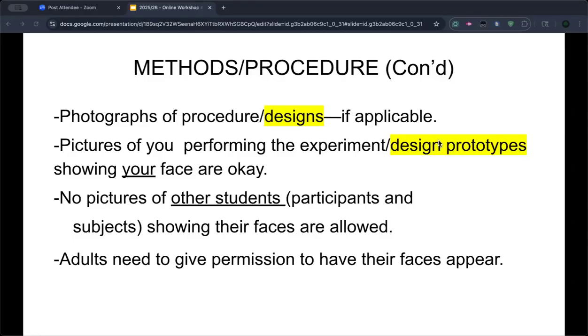You're not allowed to use pictures of other students, and if you're doing human testing, you're not allowed to use pictures of the participants that you used. If you have a parent that helped you out, you can ask them for permission to use their face in the paper. If they say no, then obviously don't.